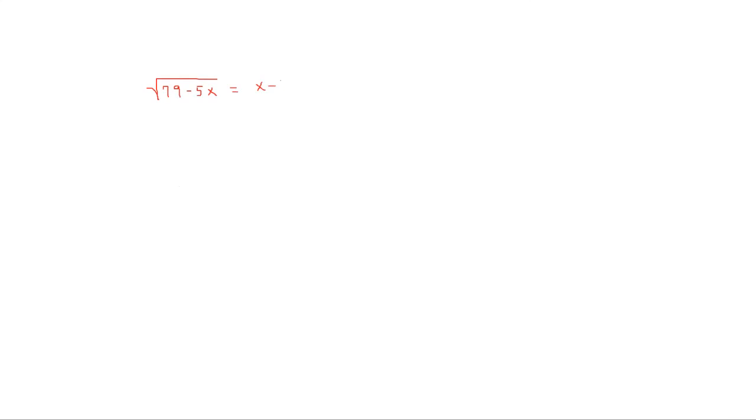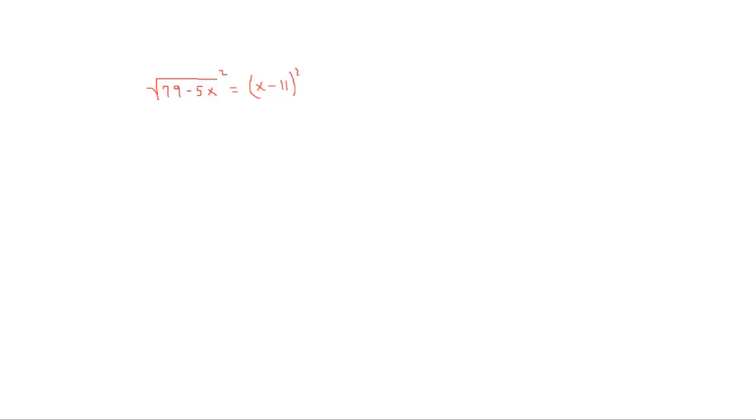And again, luckily, we have our square root isolated by itself. That means I can go ahead and square the left side, which means I have to square the entire right side. Don't just square the 11, right? You have to square the entire right side as well.